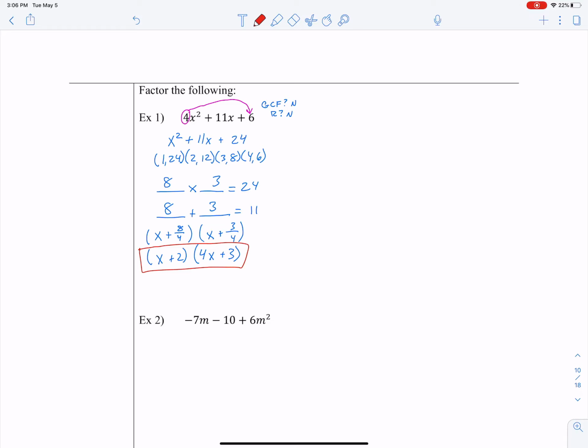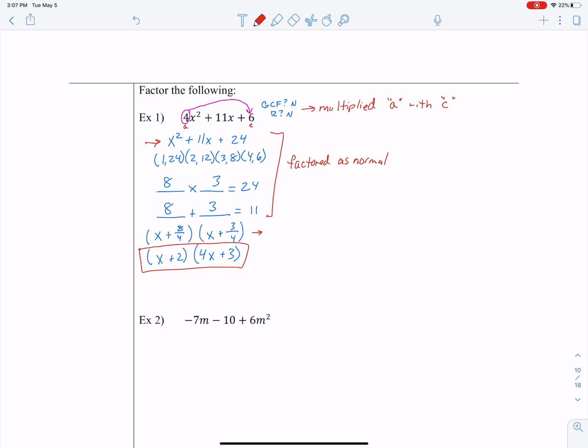Okay, so just as a reminder, what our steps were: first, we multiplied our a value, so that's a first term, with the c value. So this was a and this was c. Okay, then we factored as normal, using this step as our new factor.